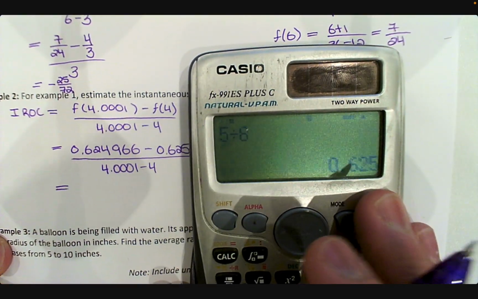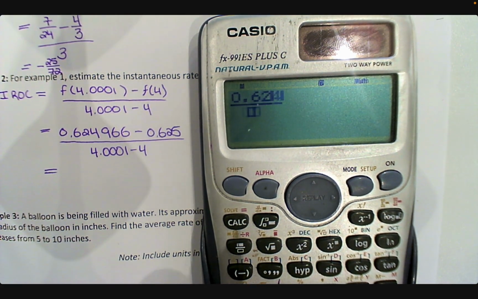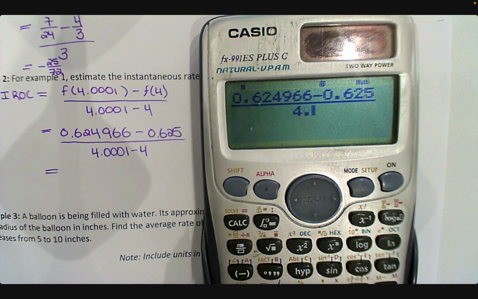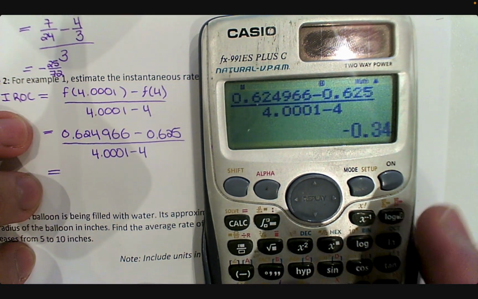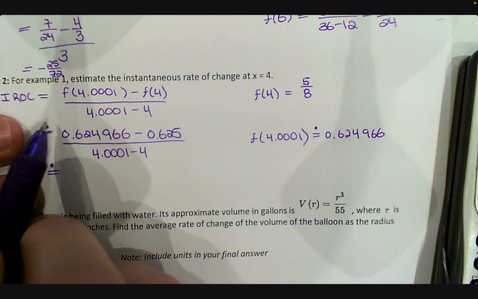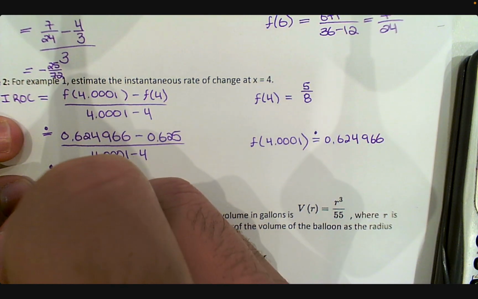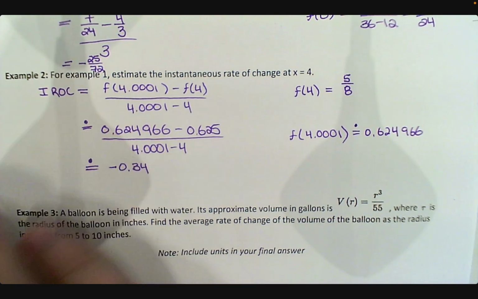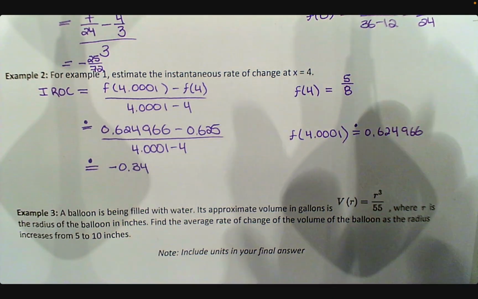And let's enter this equation on our calculator. 0.624966 minus 0.625 over 4.0001 minus 4. So negative 17 over 50, or negative 0.34. So I'll say that these are all approximations because they're including and utilizing approximate values. And that is our instantaneous rate of change at x equals 4.